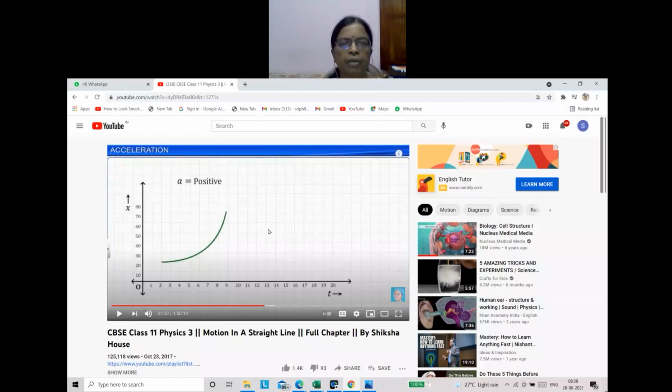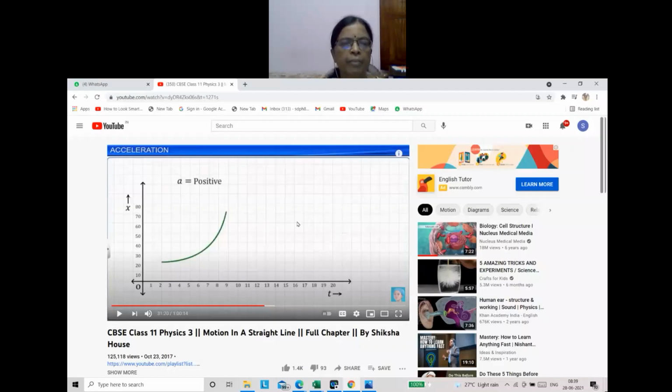But if you are asked to plot an xt graph, a position time graph, for a positive acceleration, it will be a parabola upwards. So you just have to draw the xt graph, x along the y-axis, t along the x-axis, and the curve upwards. Curve upward will be positive acceleration. Curve downward will be negative acceleration.